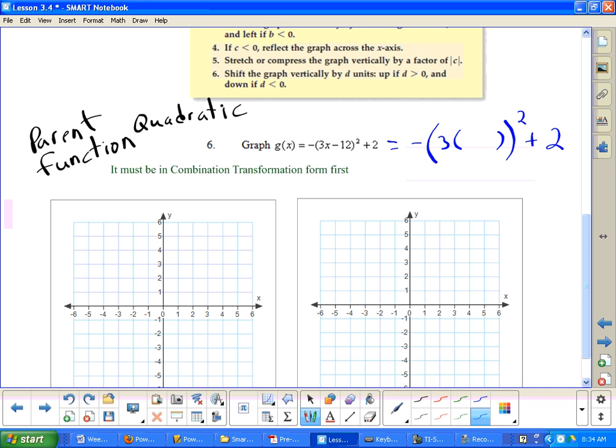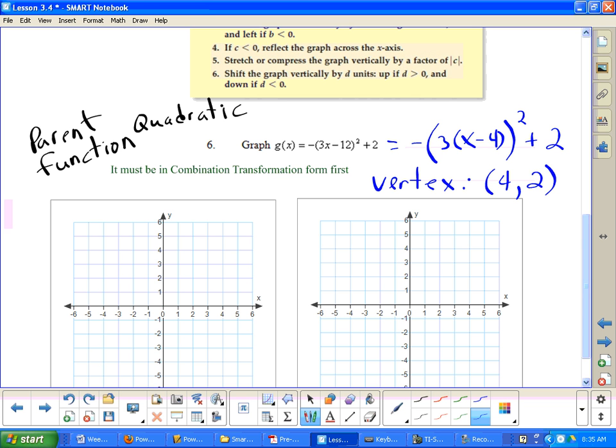If I take out that 3, what's left inside the parentheses? x minus 4. 3 times x is 3x. 3 times negative 4 is negative 12. That's the first thing I have to do because this tells me my vertex is at 4, 2. And that's important because that tells me where I'm going to start graphing.